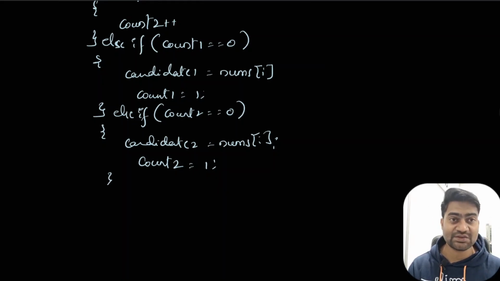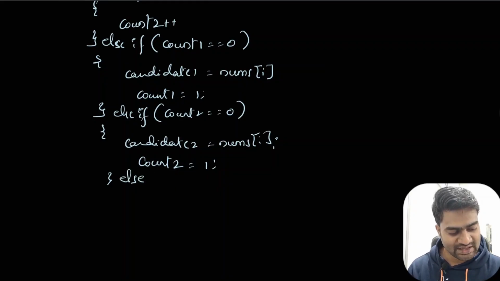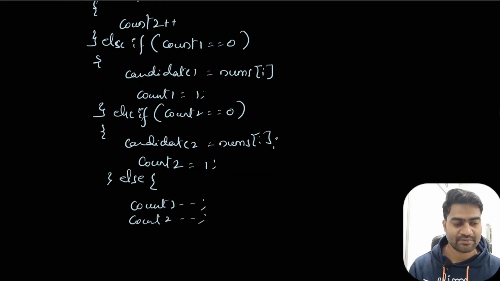If this is also not the case, then the candidate is something different, so we will simply decrement count 1 and also count 2. This is our else.